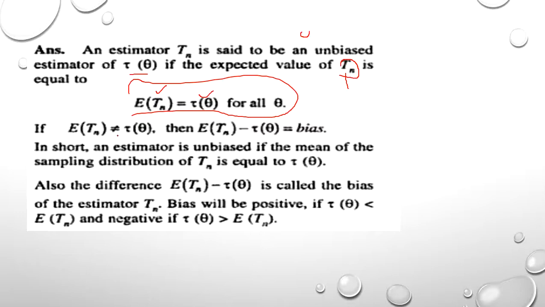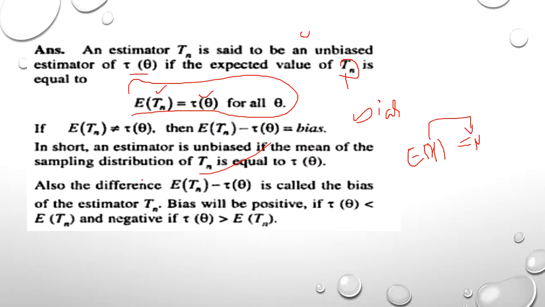If it is not equal to tau of theta, then we say it is a biased estimator, and the bias will be negative or positive. In short, the estimator is unbiased if the mean of the sampling distribution of Tn, meaning the expected value, equals the parameter. A simple example: expected value of x bar equals mu, so x bar is the unbiased estimator for mu. This is the conclusion.